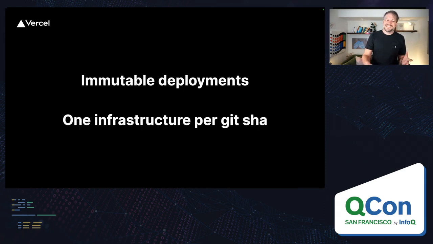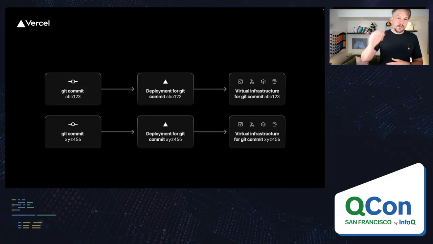Cool. The next thing I want to mention is the notion of immutable deployment. I already mentioned that on Vercel, whenever you push, we deploy for that event, right? You committed a git SHA and we give you an infrastructure for it. So let's look at an example.